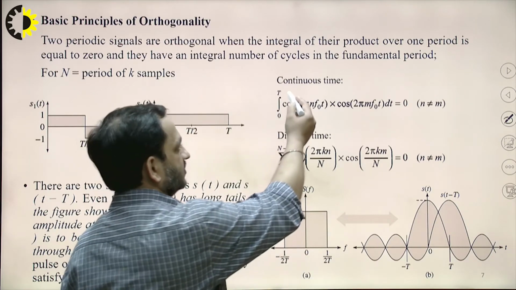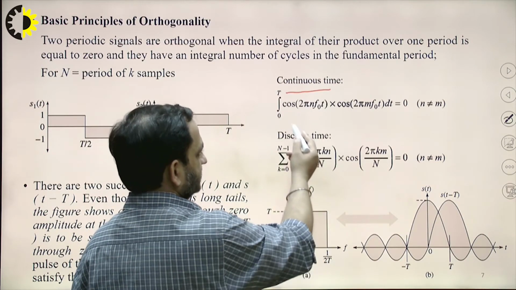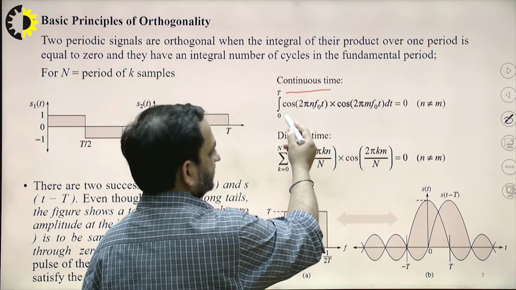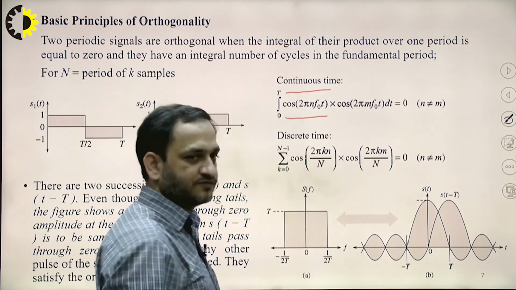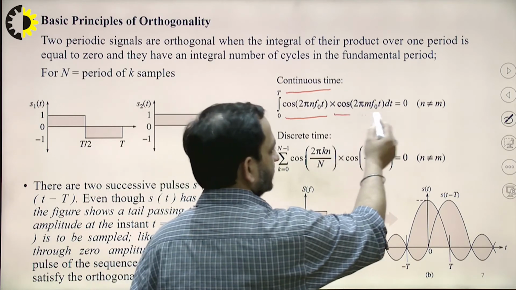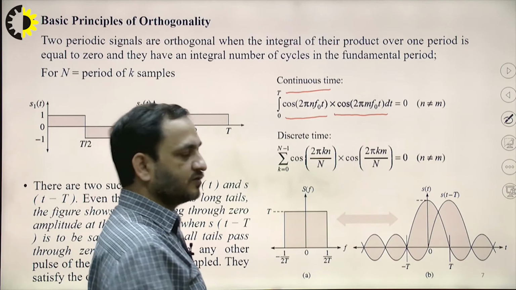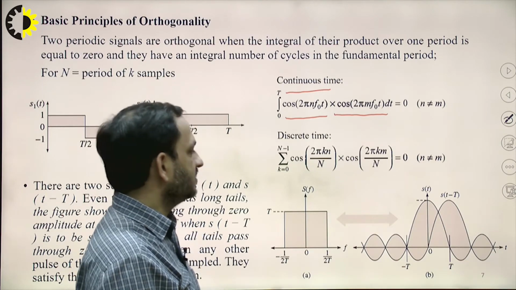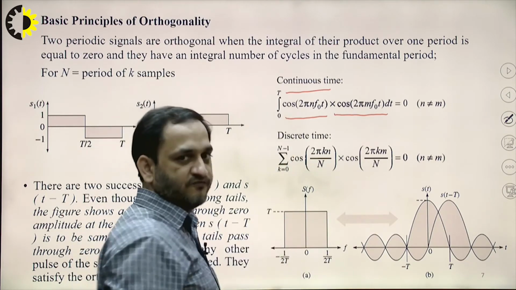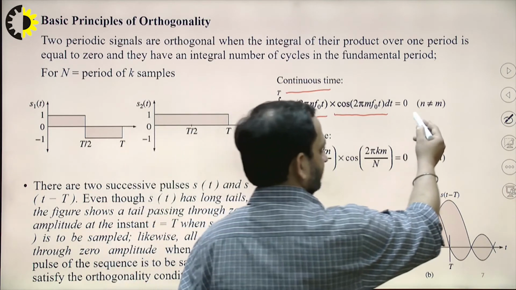If we have continuous time signals, such as cosine 2 pi n f naught t and cosine 2 pi m f naught t, the product of these two signals will be 0 over the time duration 0 to T when both are not the same.